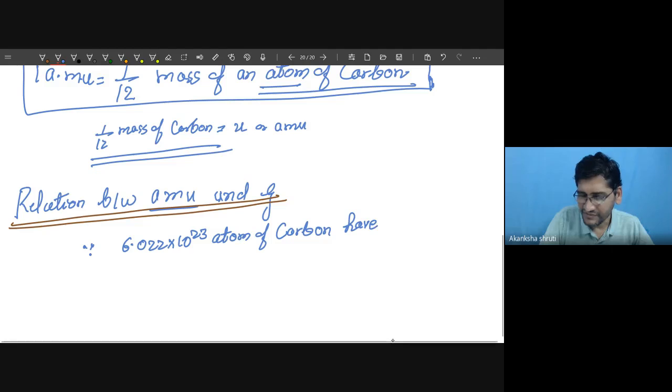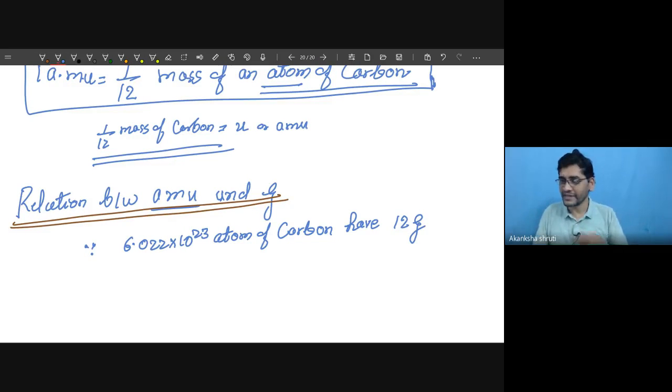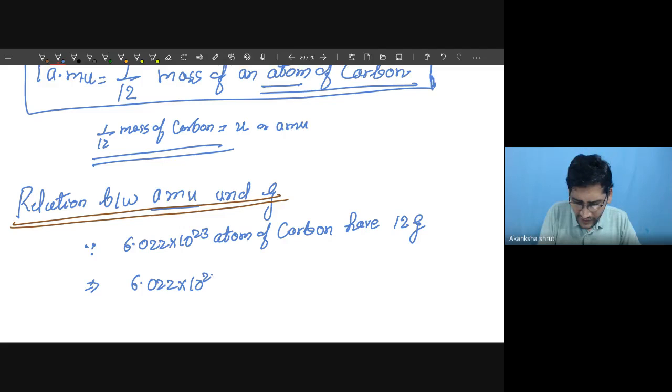Very good. That we had written earlier. It simply means 6.022 into 10 to the power 23 carbon atoms is identical to 12 gram.